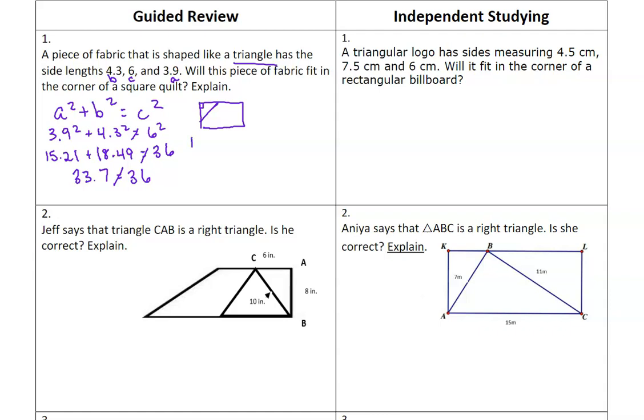So the answer is no, it will not fit. And you can show your work to explain it, but the reason why is because a squared plus b squared does not equal c squared. So it is not a right triangle.